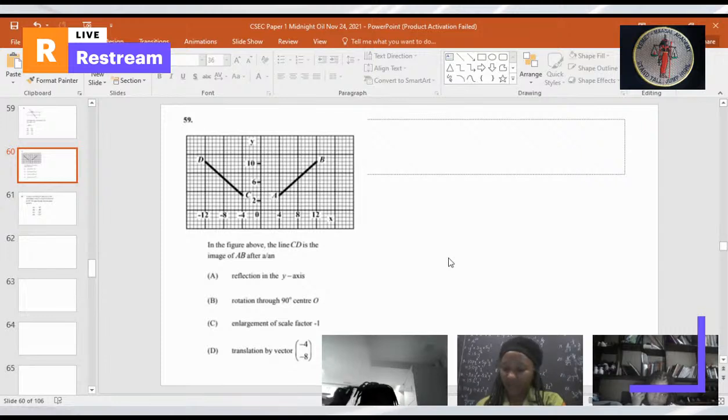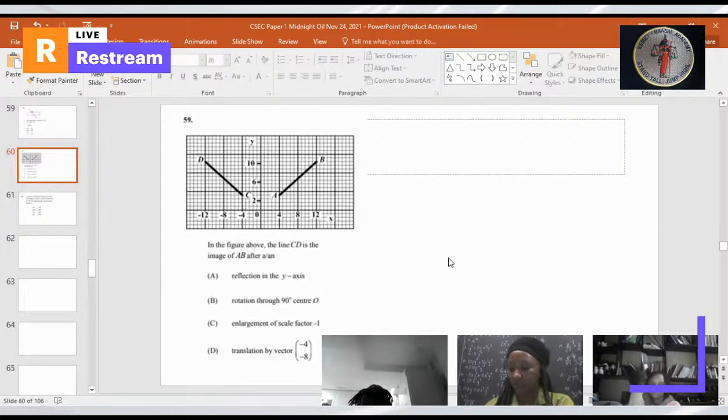Remember what we had said last week about this one? Oh, rotation through 90 degrees is better. No, we had said the reflection was better, because it did not say clockwise or anti-clockwise.